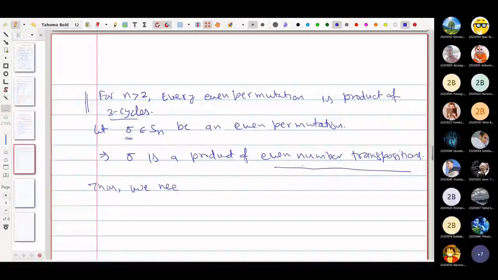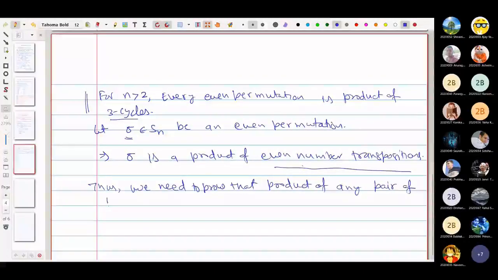We need to prove that the product of any pair of transpositions is a product of 3-cycles.